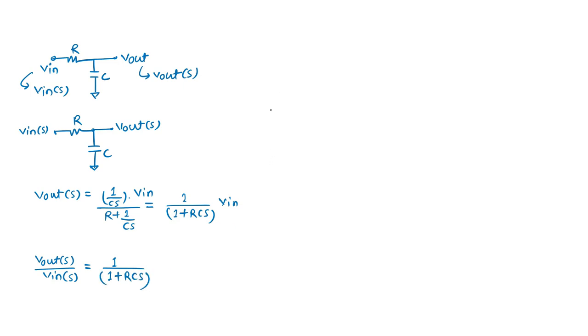This is a very fundamental frequency domain representation of the transfer function, which is nothing but A naught over 1 plus s by omega p. This is the basic frequency domain representation of any first order system.